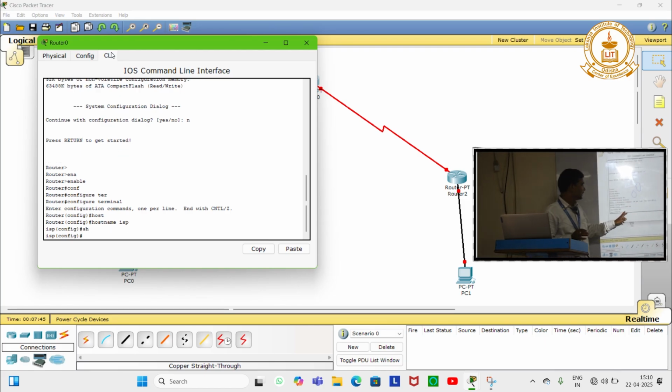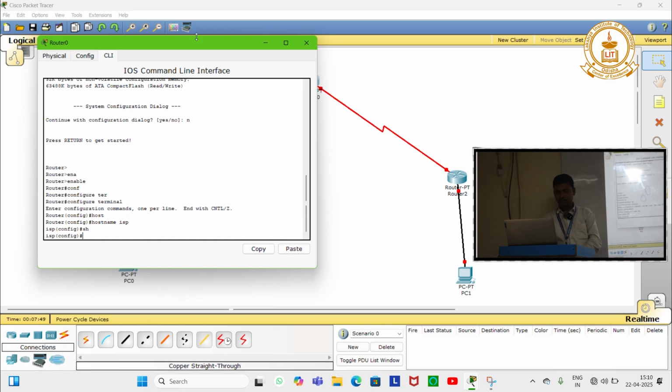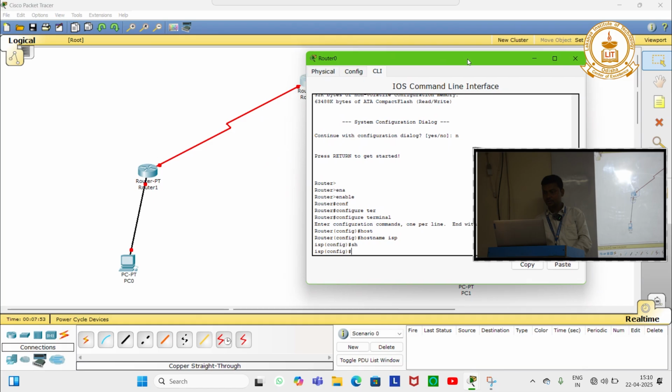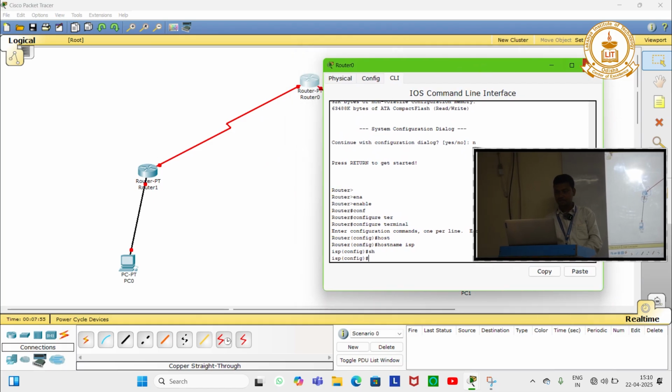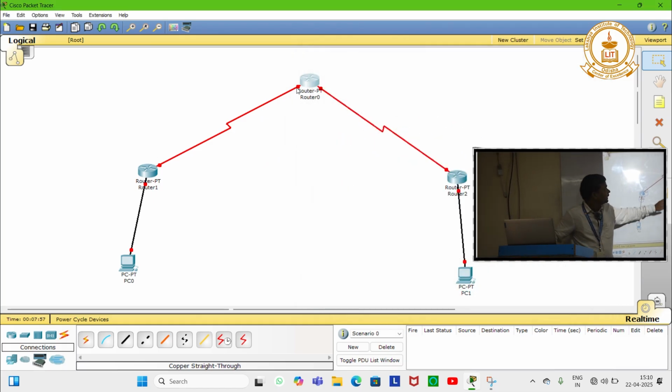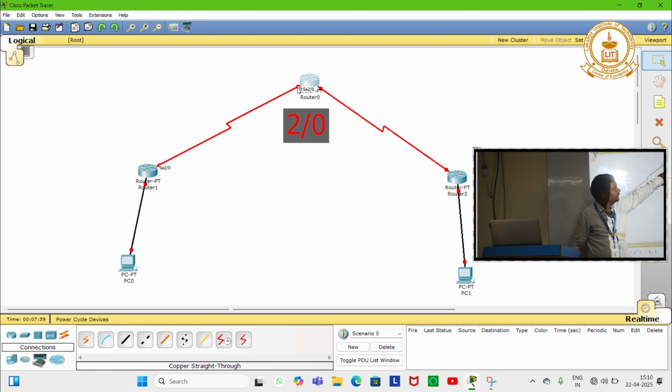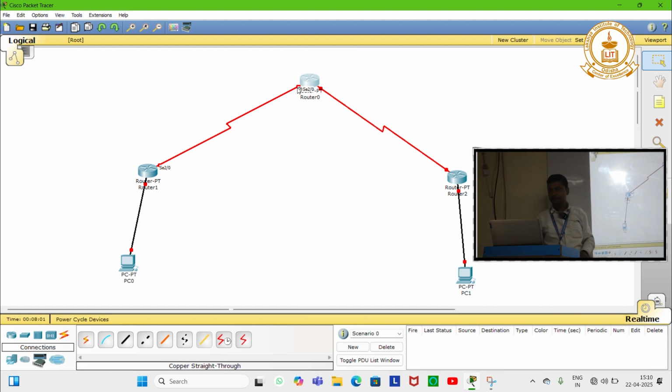How many interfaces are connected to the routers? Okay, so we are using configuration mode. In configuration mode, we just click this port. This is 2x0. So first we are configuring 2x0.